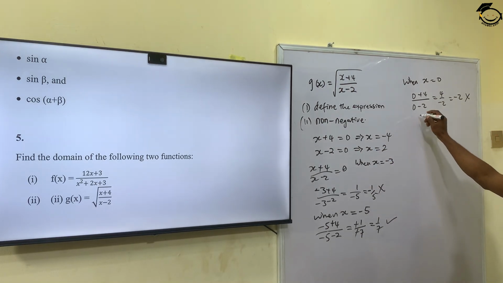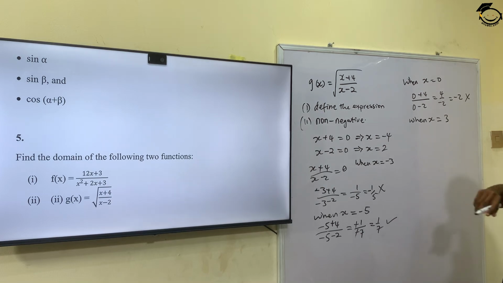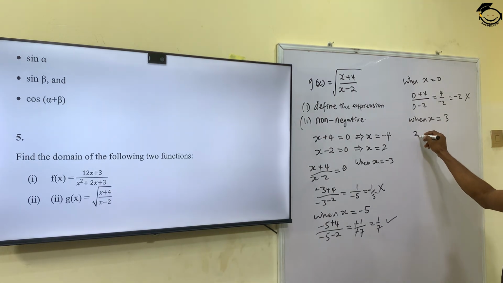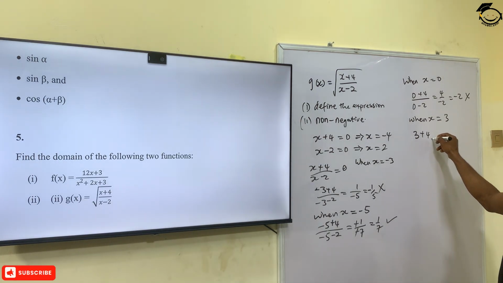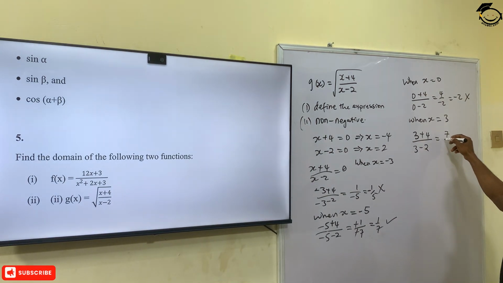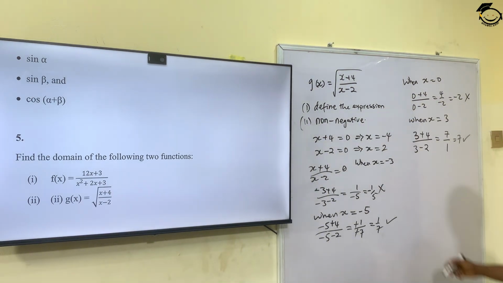And also when x is greater than 2, say 3, this will become 3 plus 4 all over 3 minus 2, which is 7 over 1, which gives us 7, which is non-negative and defines the expression.